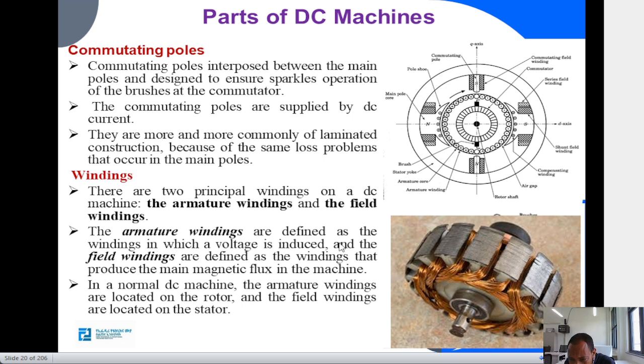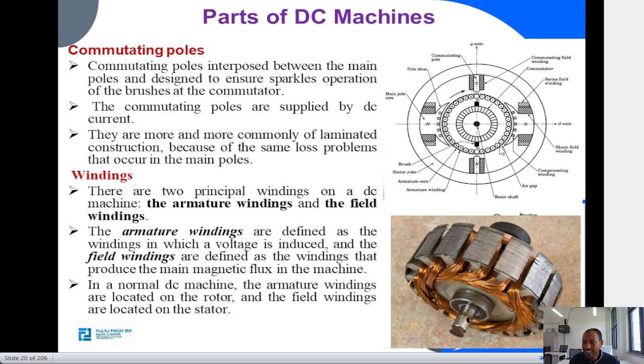The armature windings are windings in which the voltage is induced, and the field windings are the windings where the main flux is produced. Obviously, as we have seen in the introduction on the construction part, the field windings exist on the main pole, and their main purpose is to produce the main flux.